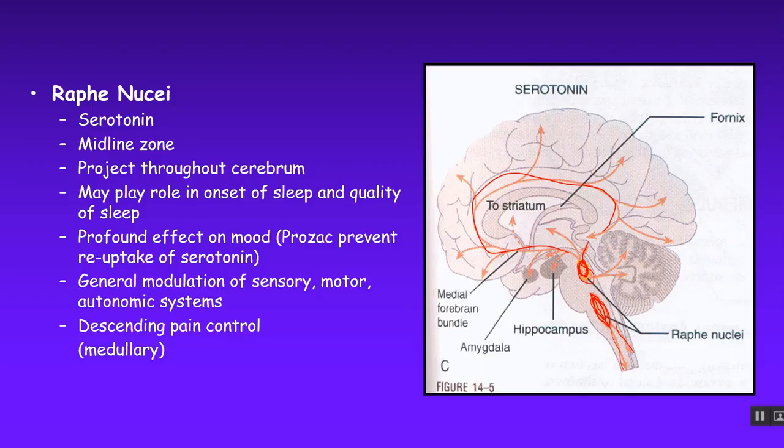So they modulate mood in the cerebrum, and they play a strong role in pain control in the spinal cord. Things like Prozac, the selective serotonin reuptake inhibitor, prevent serotonin from being broken down, so you have serotonin that stays longer in the synaptic cleft. It has, again, more general modulation of sensory, motor, and autonomic nervous systems, and it plays that role in descending pain control. Raphe nuclei.